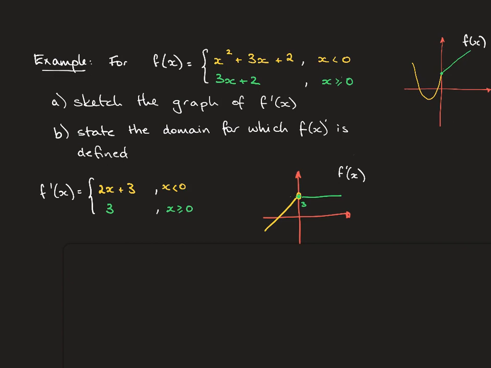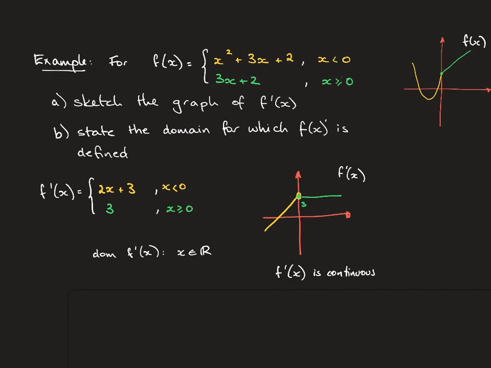If I sketch both of these branches, the straight line for x less than 0 has an open circle there, and then 3, you can see that the derivative function is in fact a continuous function along here. And so the domain for which the derivative function exists is in fact all of R, and the derivative function itself is continuous.